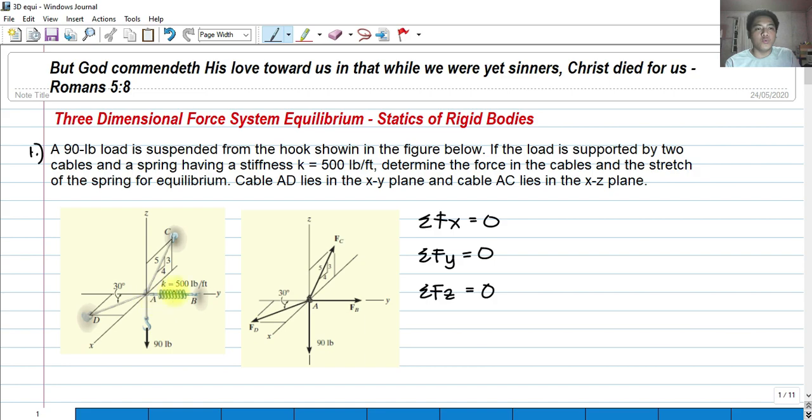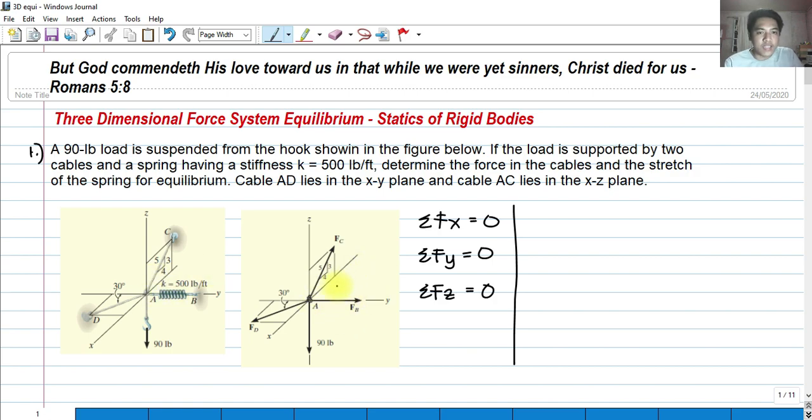If we are going to draw the free body diagram or FBD of this problem, we have this FBD, wherein we have a reference at point A, where all the forces meet. Again, we're going to sum all the forces acting along X, Y, and Z so that we would be able to get the tension in each cable as well as the stretch of the spring.